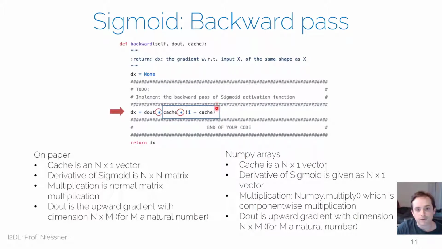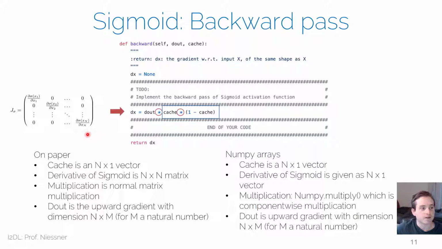So there are, of course, some differences between what you do on paper and how you implement things in NumPy. As we said, on paper, the cache, which is the output of the sigmoid, is a vector of shape n by 1, and the derivative is a matrix n by n, which is the Jacobian, that diagonal matrix that we saw earlier.